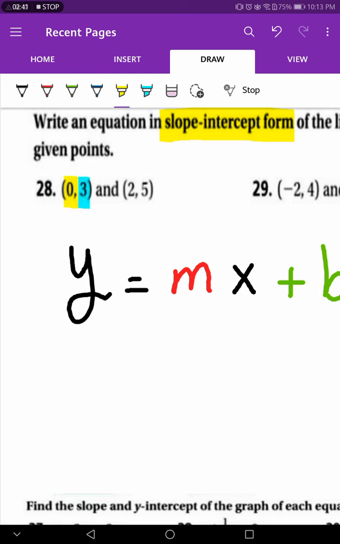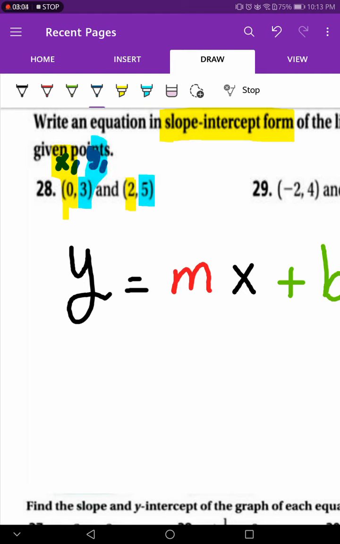The first number is the x coordinate and the second number is the y coordinate. Let us denote that this is x1 and this is y1. Teacher, yes, the 0 is x1 and the y1 is the 3.